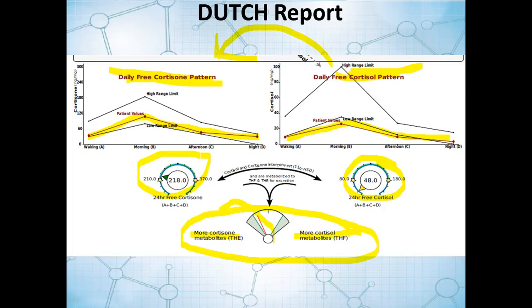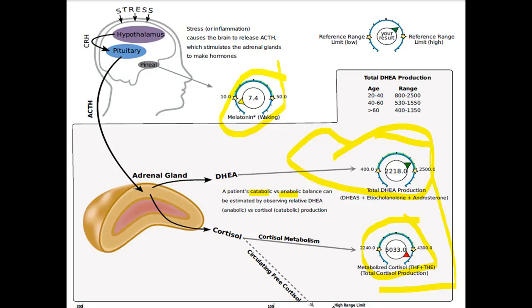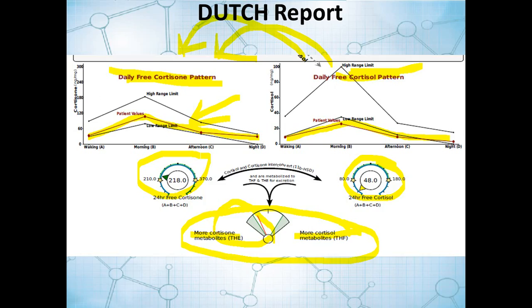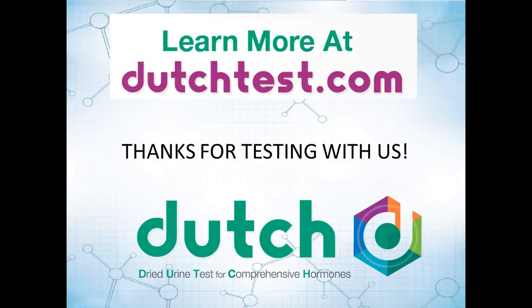Well, in this case, there are more cortisone metabolites, which means there is a lot of deactivation of cortisol to cortisone, which is probably why this cortisone pattern is a little bit higher than the cortisol. So in a situation like this, that's something that your doctor can address if there's issues both with the free cortisol or with the production levels, which is measured by the cortisol metabolites. Or is there a metabolism issue? You can evaluate all those things by looking at the test.